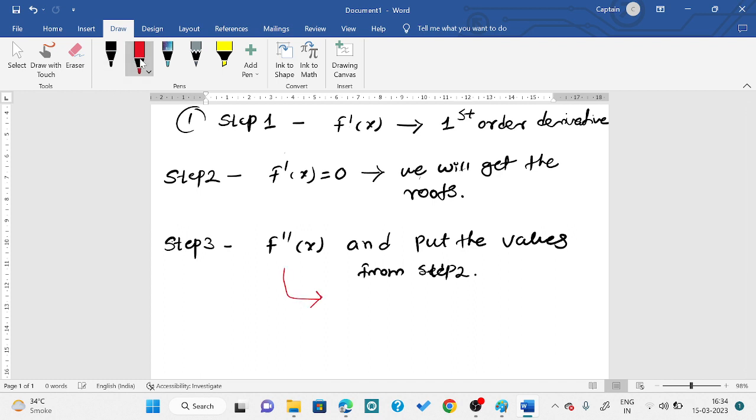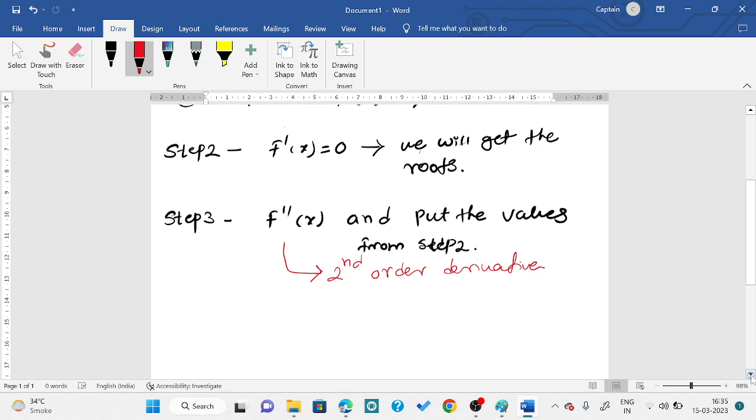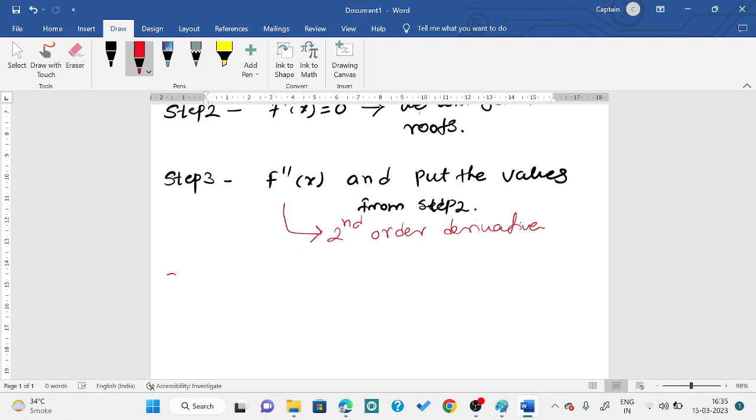F double dash of x means the second order derivative. So you need to do the derivative twice. After getting the second order derivative, we will get our equation, and in that equation we need to substitute the values which we are getting from step 2.